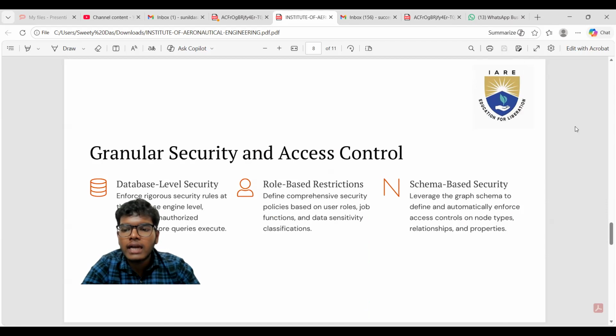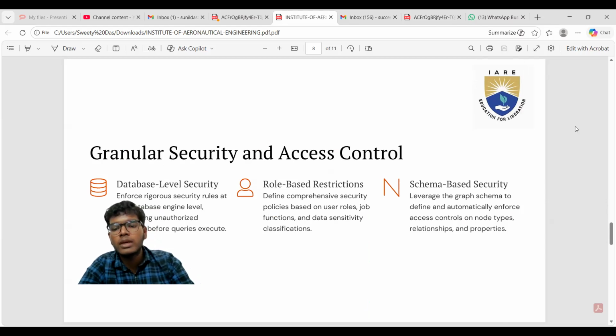Next is granular access control. To get even more specific, we should enforce security at the database engine level. This prevents unauthorized traversal before a query even executes.